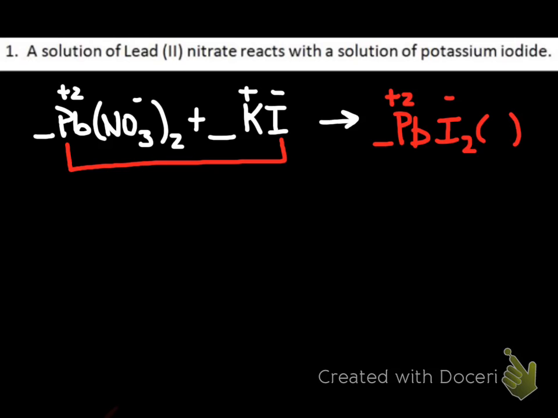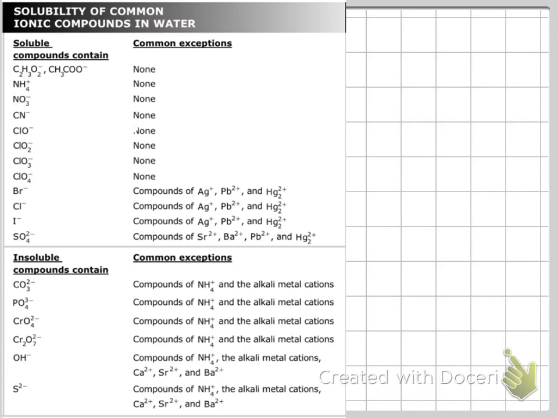Checking the state of matter for lead iodide, I go back to the solubility chart. I'm finding my negative ion. My negative ion is iodine.